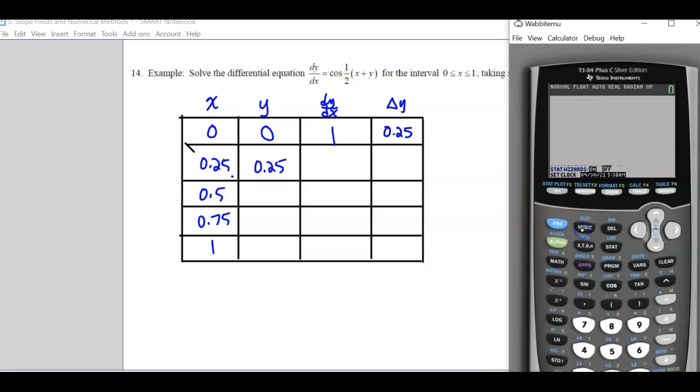Then we take cos of 0.5, times the change in x. Then add on the previous y.